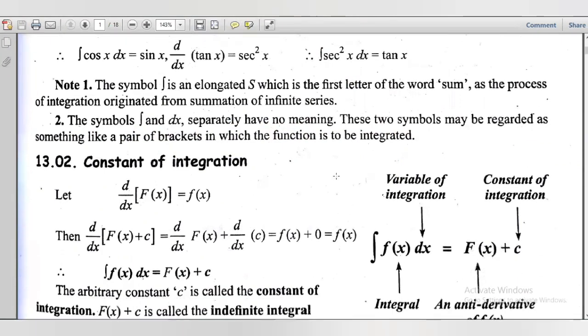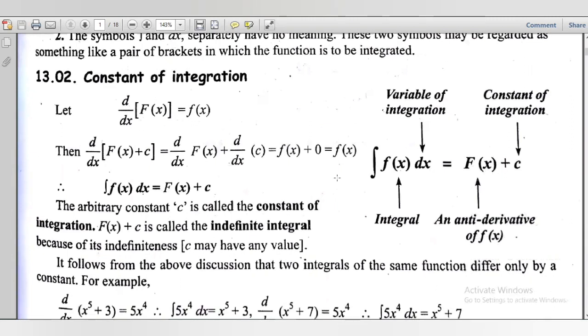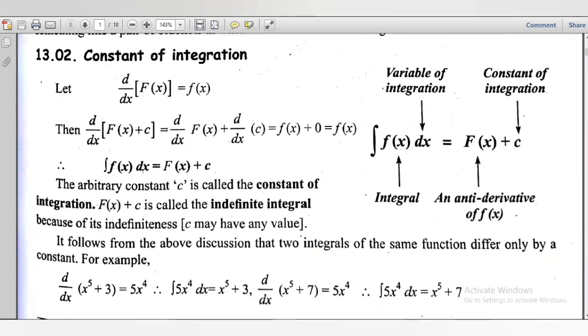Now, let's see the constant of integration. The derivative of capital F of x with respect to x is equal to f of x.